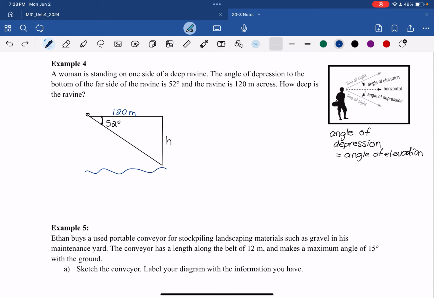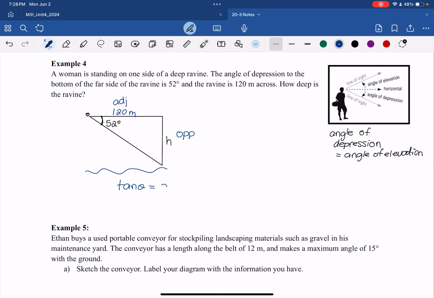So let's look here. This 120 is next to the angle that I have, so it's going to be my adjacent. The height is my opposite side. So opposite and adjacent, I'm going to use tan.